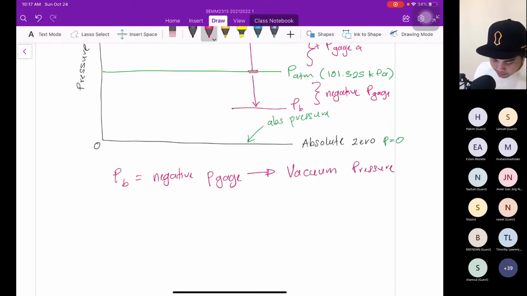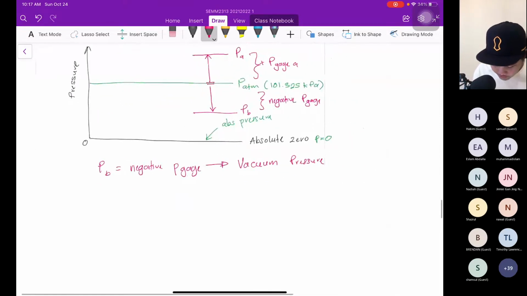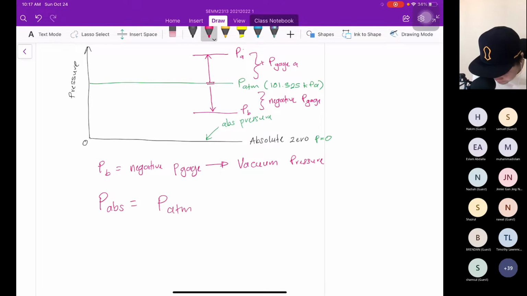So how to get the P absolute? What's the relationship? In order to get P absolute of A, for example, P ATM must be added to the P gauge. You can see P ATM is from here. Remember that for absolute, the point of reference is here.